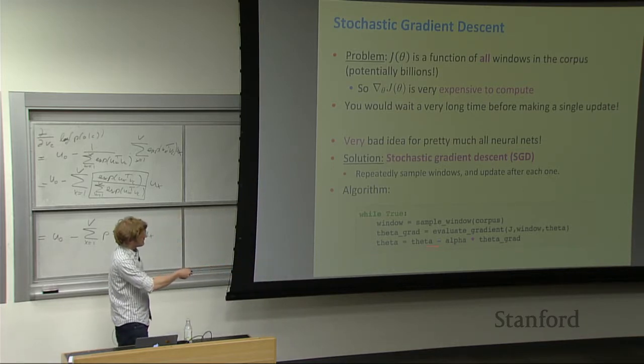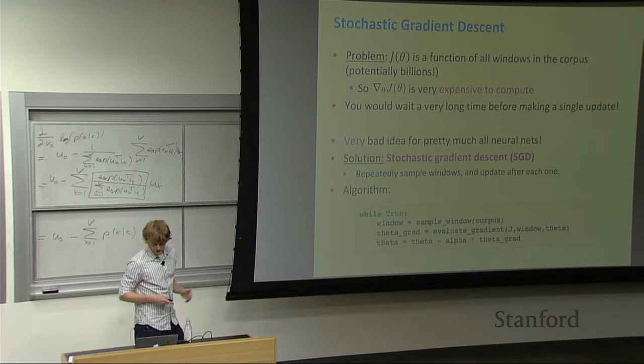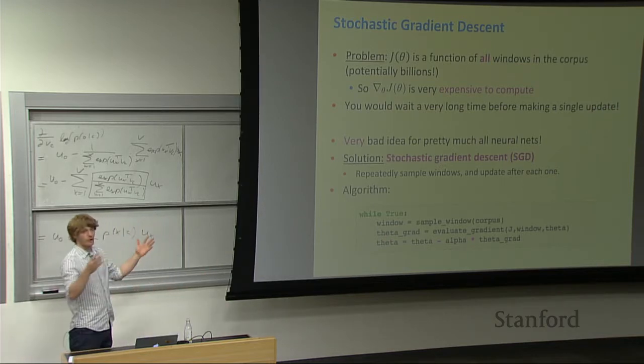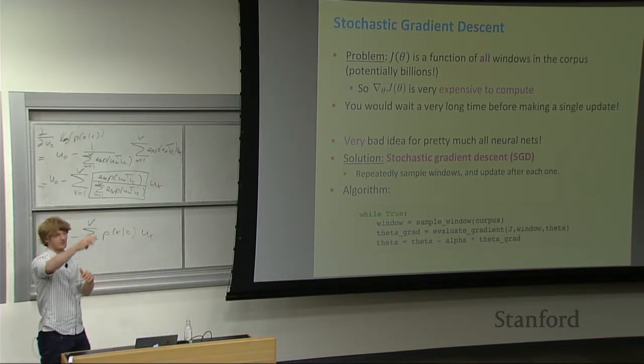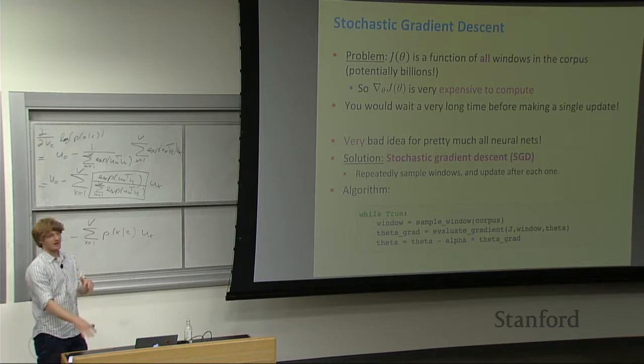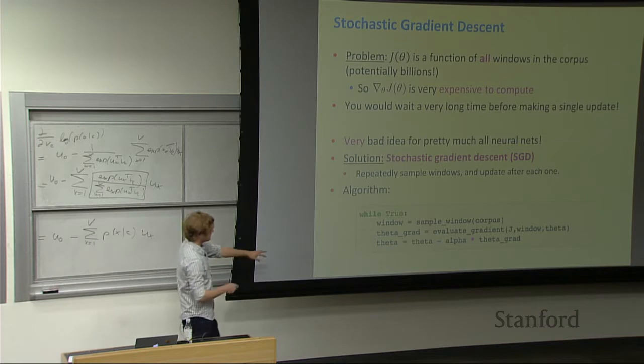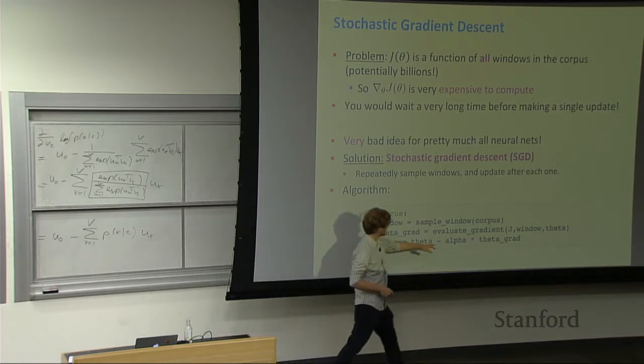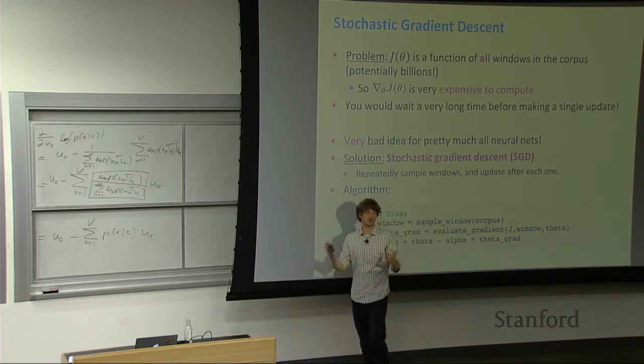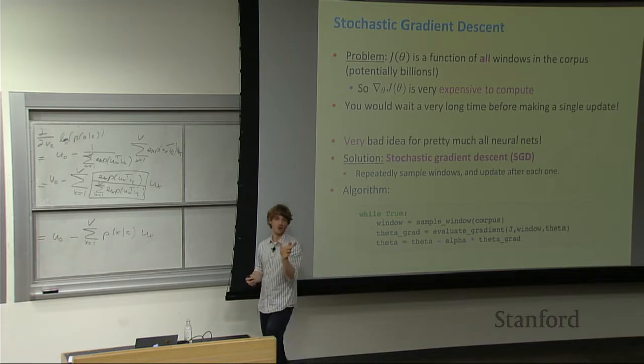Now, intuitively, this theta has all the vectors in it from all the words, right? V for aardvark all the way to V for zebra, and then U for aardvark all the way to U for zebra. But of course, this will be very, very sparse, right? The gradients are 0 for all the words that don't happen to be in that one window.